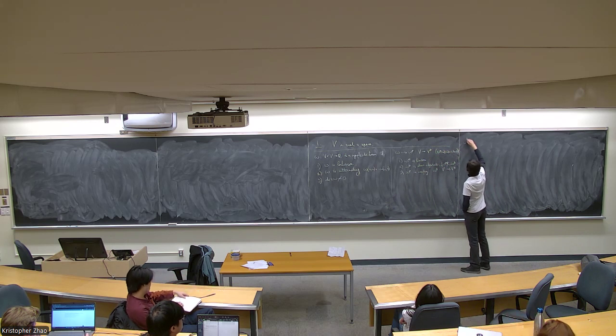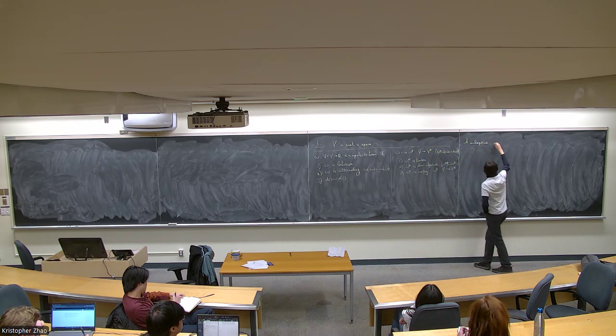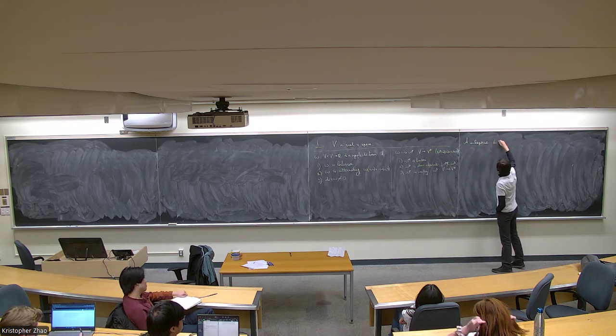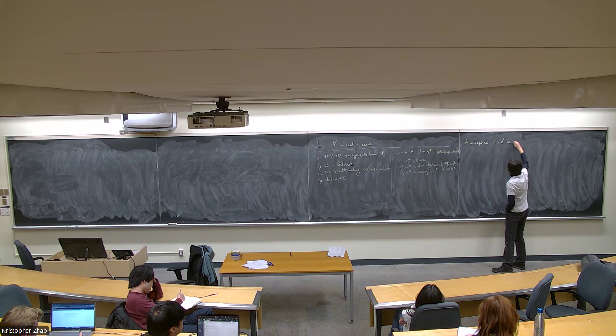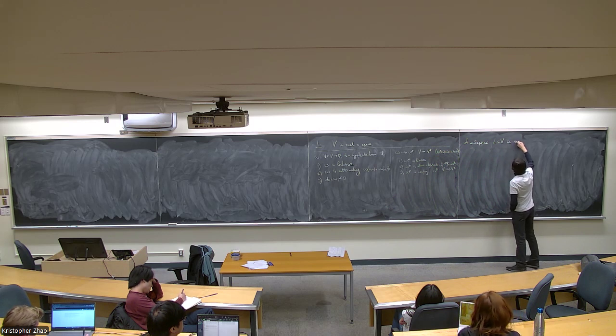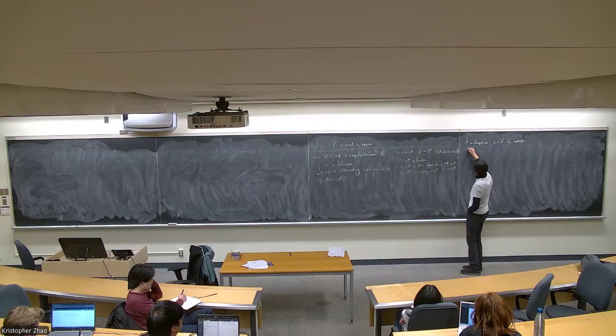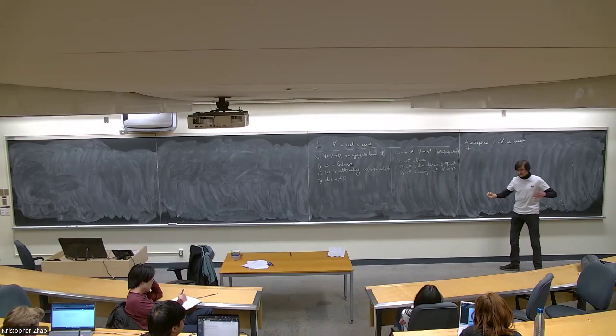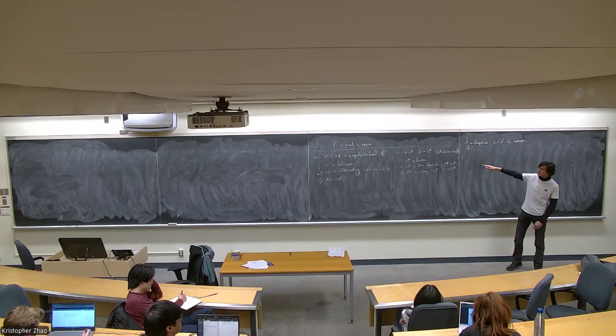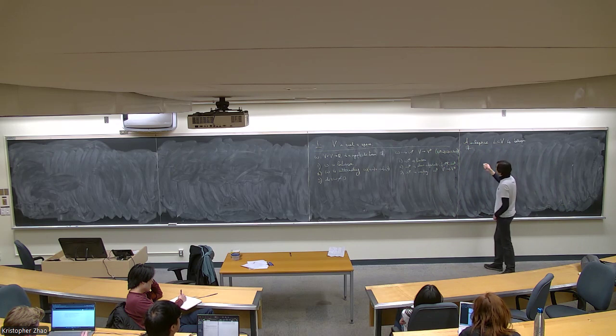So a subspace L of V is isotropic if you restrict the form omega to L, you just get the zero form.